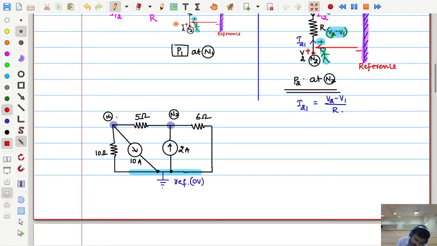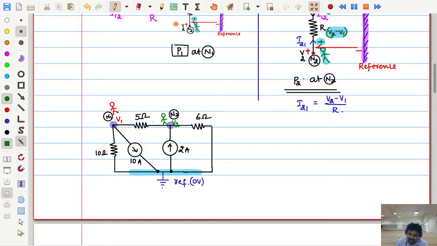Let me consider this person to have a potential of V1. Who is sitting here? Myself. Next, the person sitting here is my friend, somebody, whose voltage we assume as V2. This is assigning the node voltages for the non-reference nodes. One node is the reference, and the remaining two we call non-reference nodes.